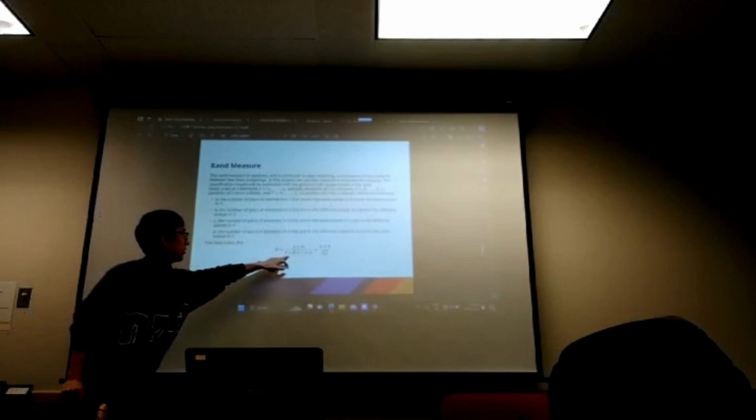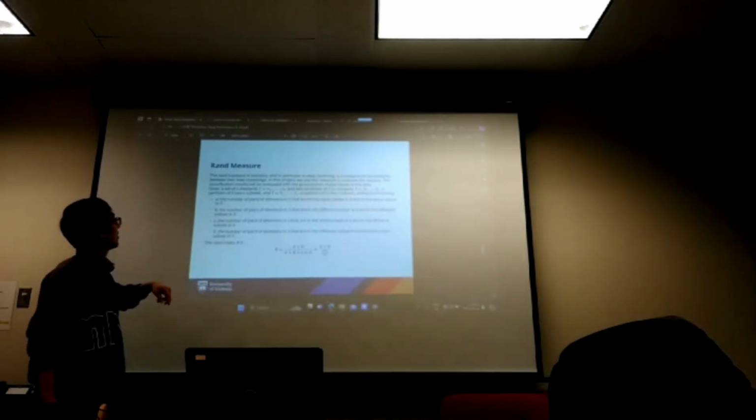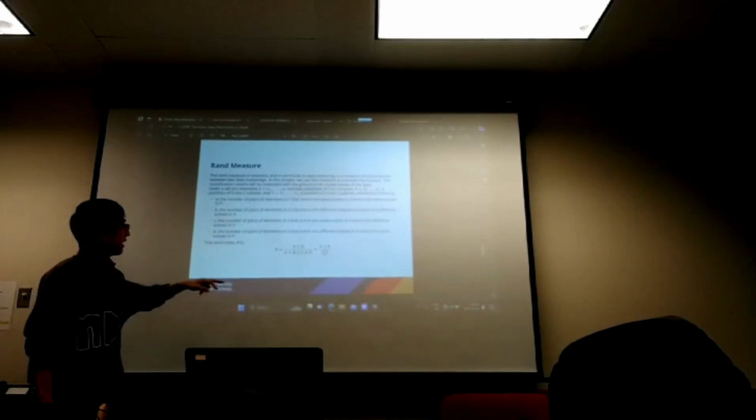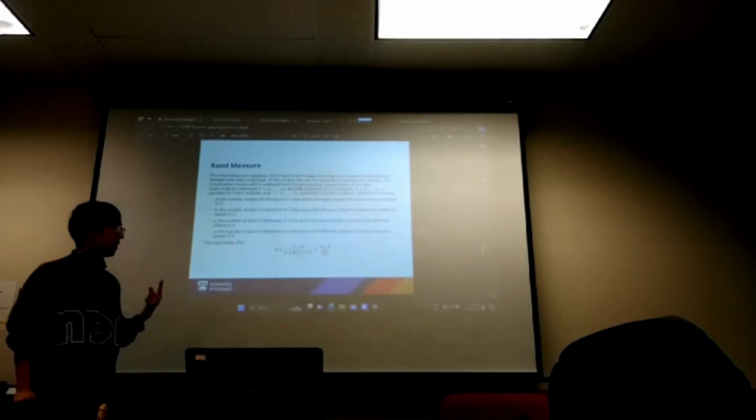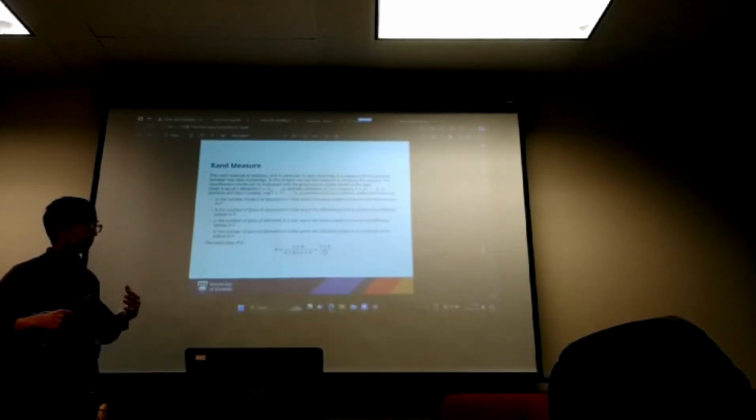This is a formula for how to calculate the rank measure. A means the relationship of two data points is the same as the truth label. The relationship has just two options: the two data points are in the same cluster, or they are not in the same cluster.